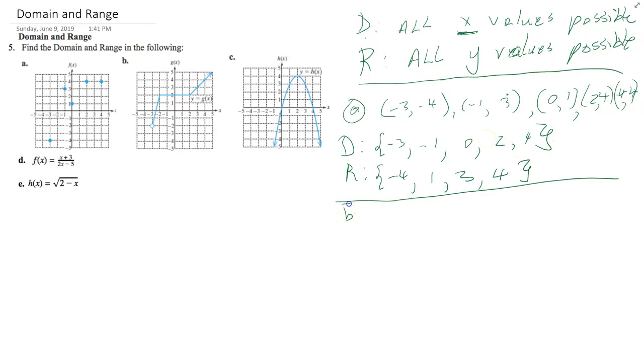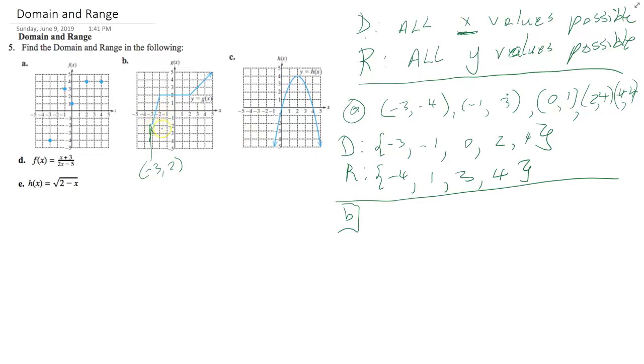Part B, this is starting at negative 3, 2, but this is not included. So we start at negative 3 and 2. Right, it's an open circle, means that it's not included. So that means that you're going to use parentheses for open circles.